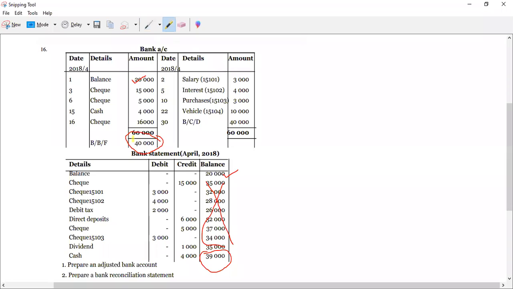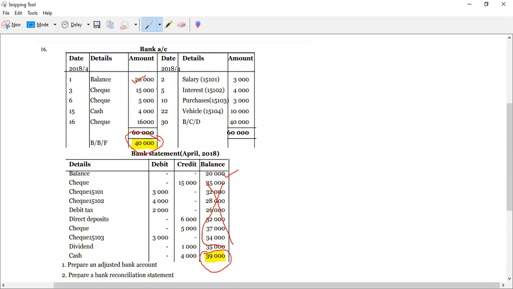Our closing balance in the bank account is 40, but in the bank statement, the balance is 39. So at the beginning of the month it was equal, but at the end of the month it is not equal. 40 and 39. So we have to find out why these two balances are not equal.